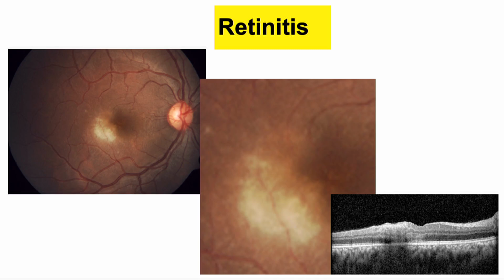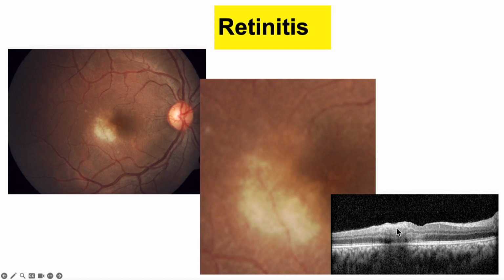So see this fundus photograph of this patient. There is a yellowish lesion, a retinitis lesion, which is a foveal threatening lesion. As you zoom in, you can see that the lesions are fluffy yellow with indistinct border, and the vessel is obscured over the lesion.